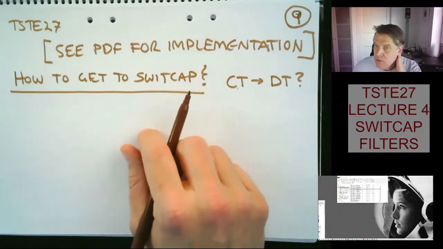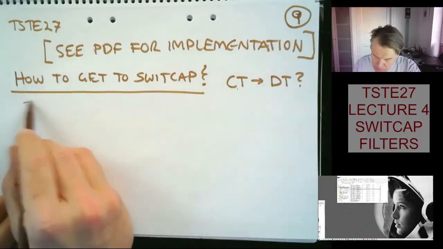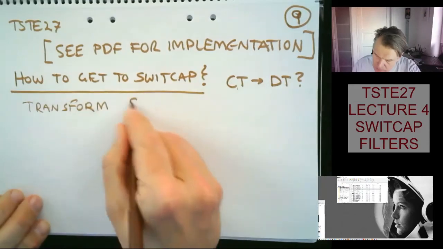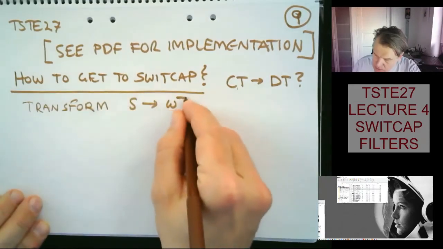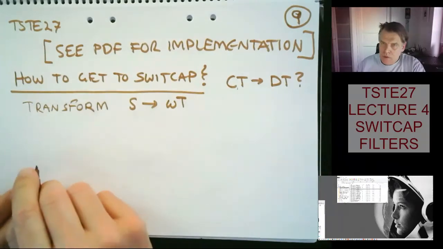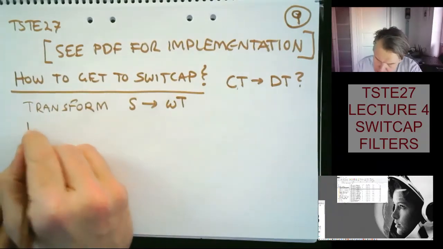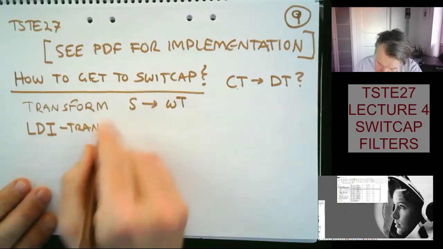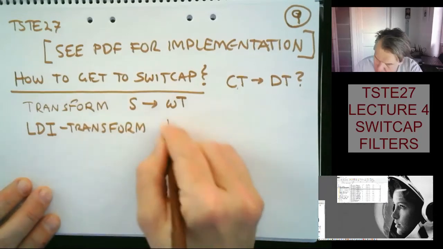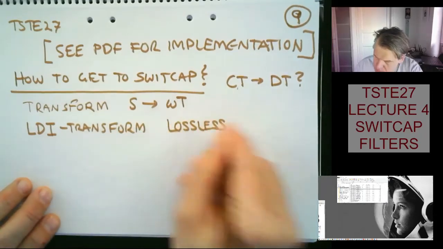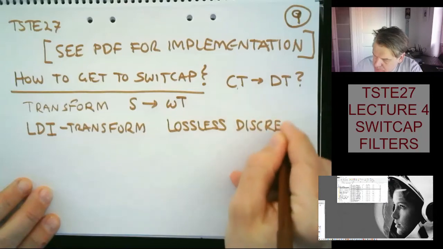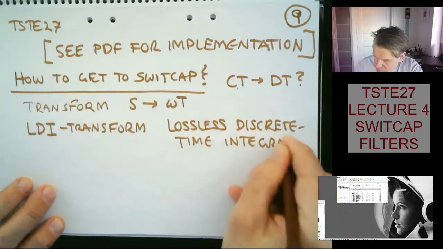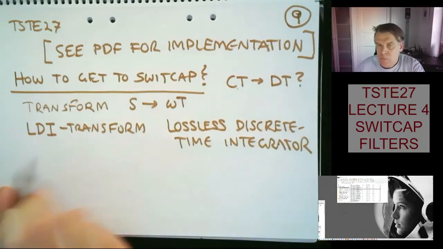What we need to do is to do some transform. So you need to transform from S to omega t. And in this particular course and lab, you will use the LDI transform. So that's the lossless discrete time integrator, LDI.